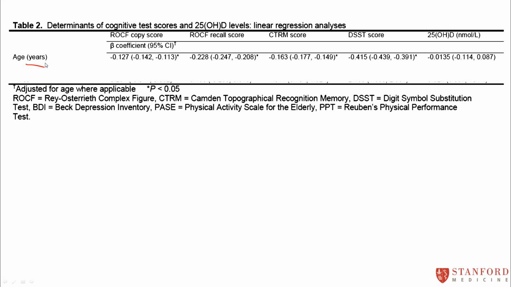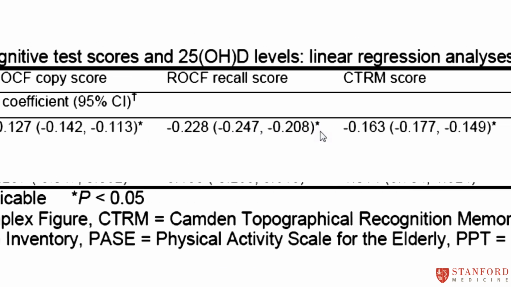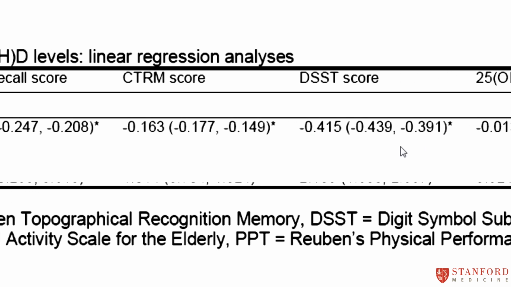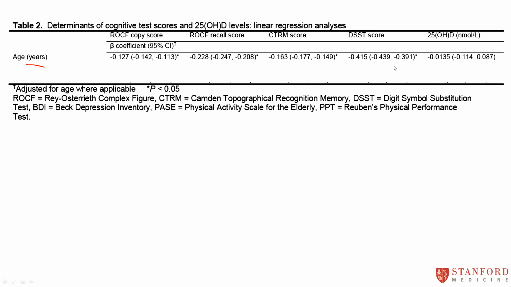So first of all, if you scroll across all the different cognitive tests, you'll notice that there's a little star beside each of those estimates. As your age goes up, your cognitive function goes down on all of those tests, and it is statistically significant. That's not surprising. Interestingly, I'll focus for the moment on the vitamin D. The vitamin D was not that strongly related to age in this study.